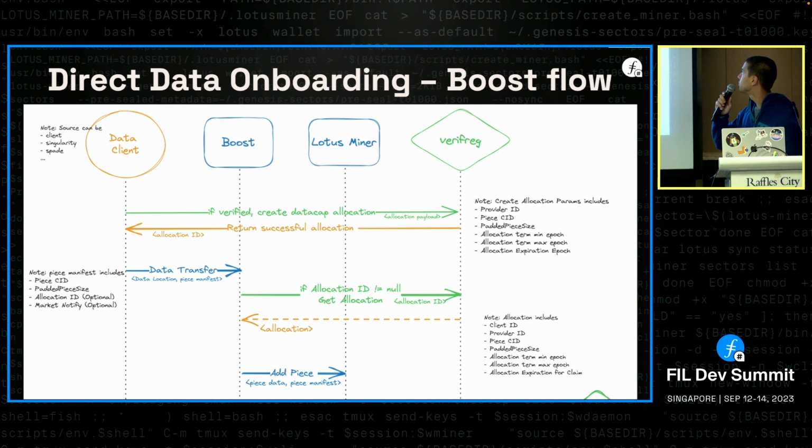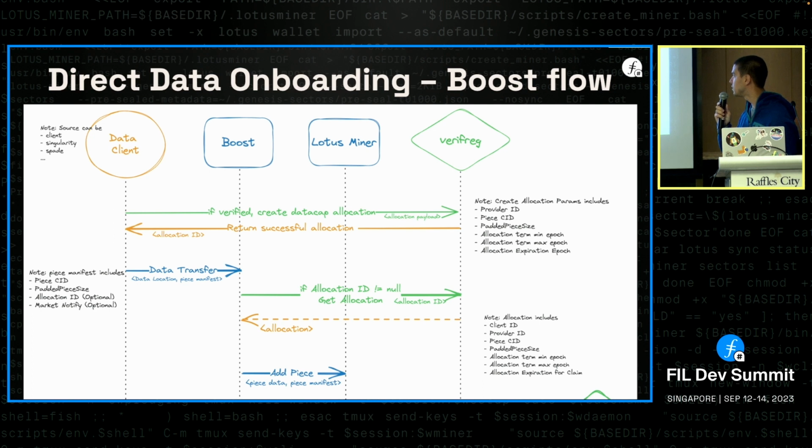Within Boost, that's what the flow looks like. The data client who wants to store data on Filecoin creates an allocation for a specific provider and specific piece. Then they transfer the data to Boost, where Boost verifies that an allocation exists.